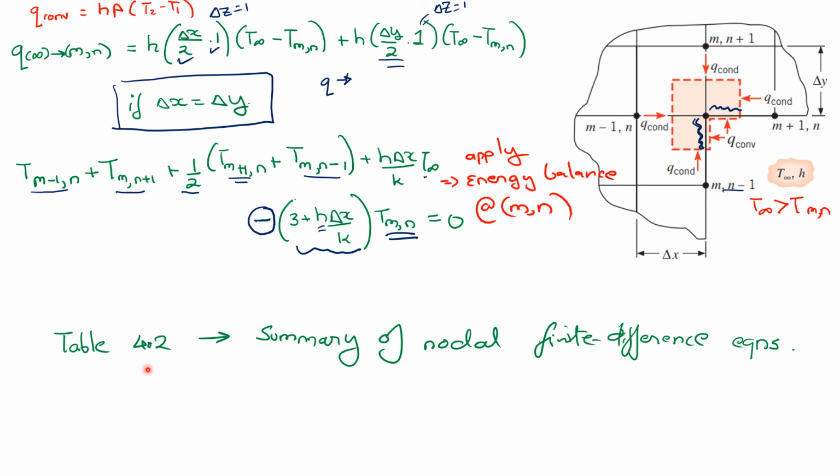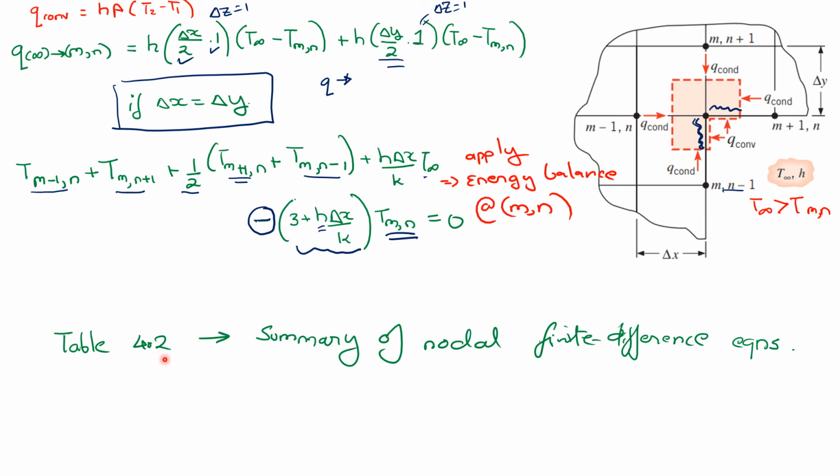So please go to table 4.2, understand what the boundary conditions are and what the location of the nodes are. So your node can be an interior node, it can be on the surface, or it can be a corner node, and your equations will be different in all these scenarios. And in future, whenever you are solving a problem, you first need to see if you can apply any one of the equations given in table 4.2.